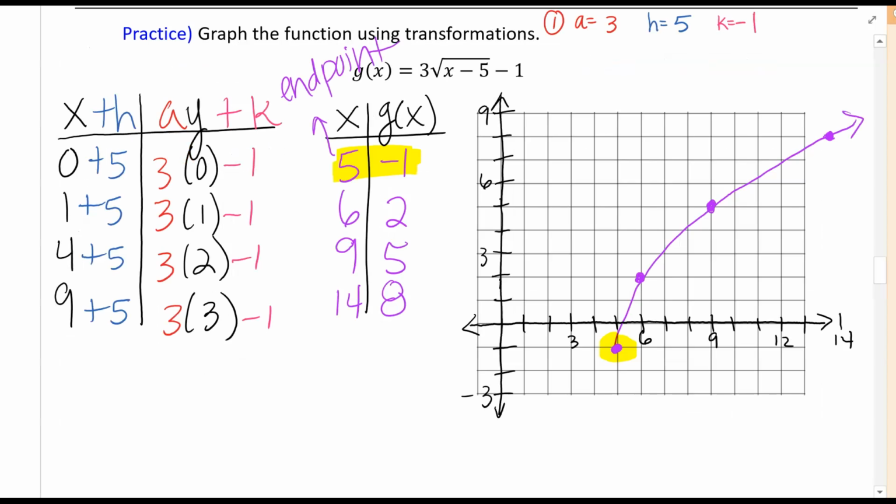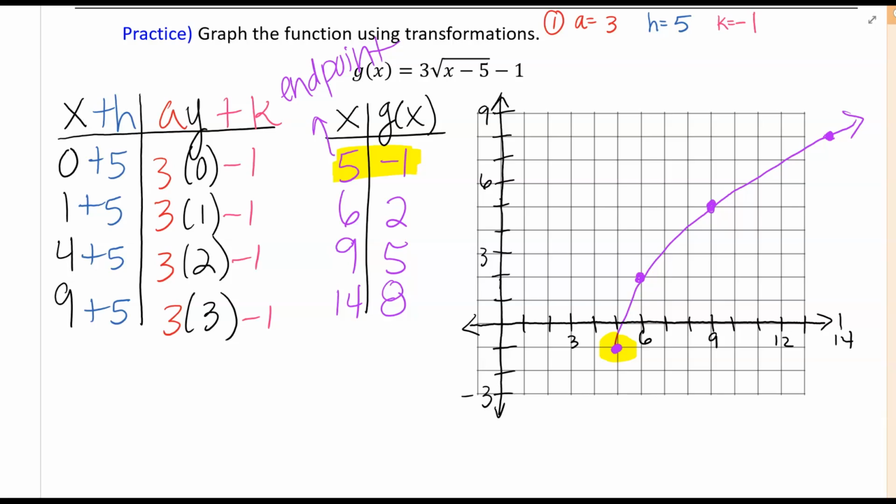All right, guys, I did not have a chance to go walk around. I like walking around checking, but I didn't have time, so I'll double check your work. Your coordinates, you should have had 5, negative 1, 6, 2, 9, 5, and 14, 8.